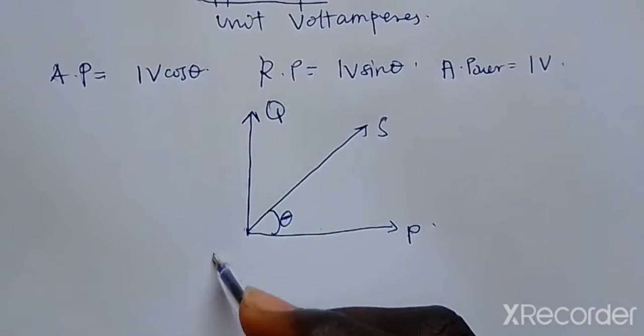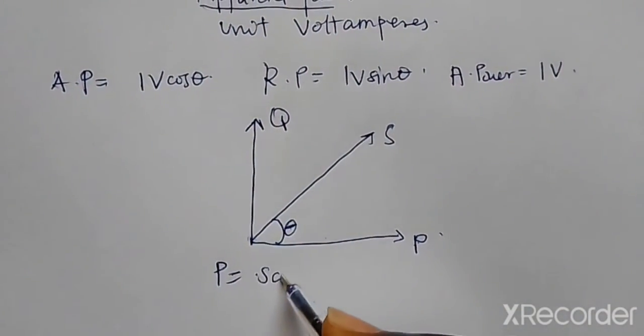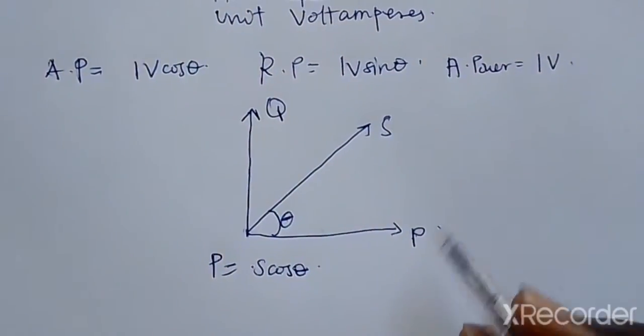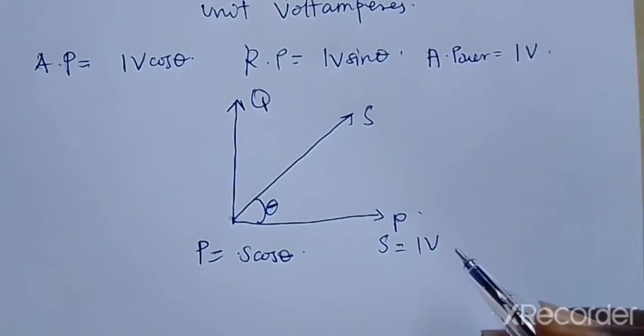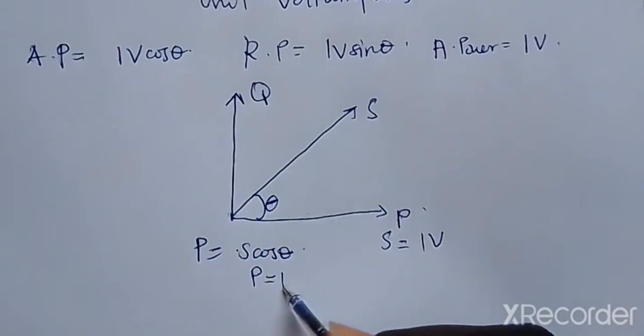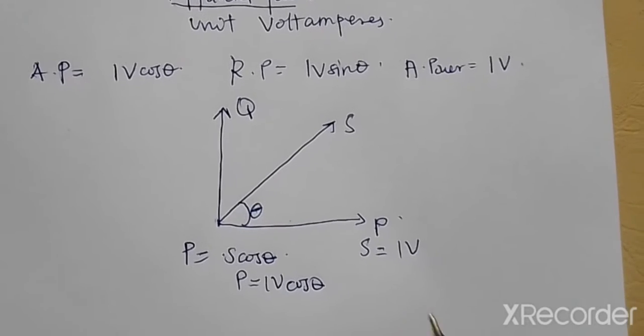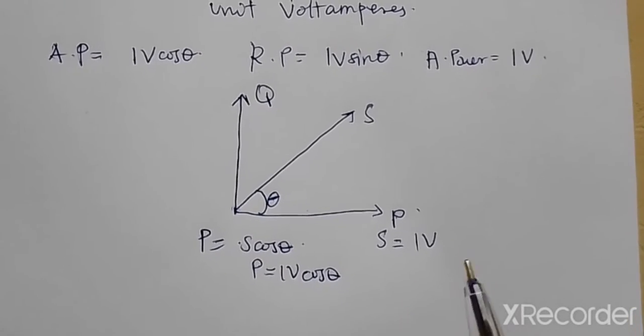So the active power P equals S cos theta, but our S, which is our total power, is equal to IV. Therefore our power becomes IV cos theta, and that is the active component of an AC circuit power.